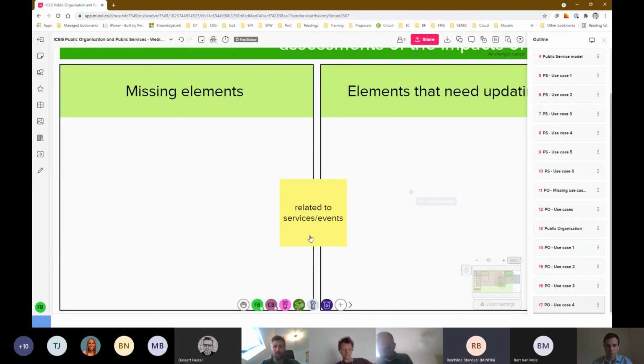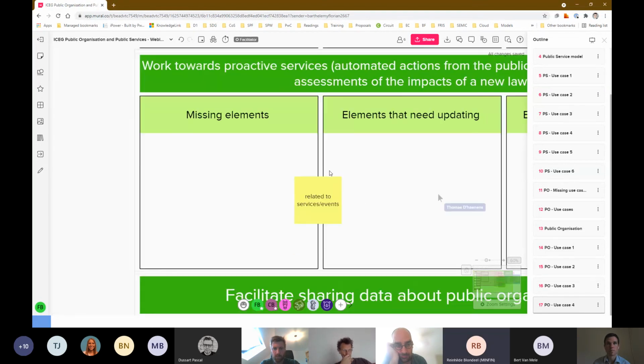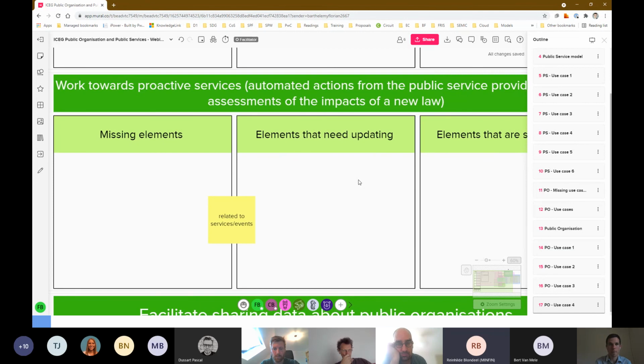Yep. It's always an organization that will provide it and make sure that it's proactive, but I do not see why this should be a use case of organization and not of services. Yeah, indeed. It's connected, but probably it's more a use case for service than organization in general.